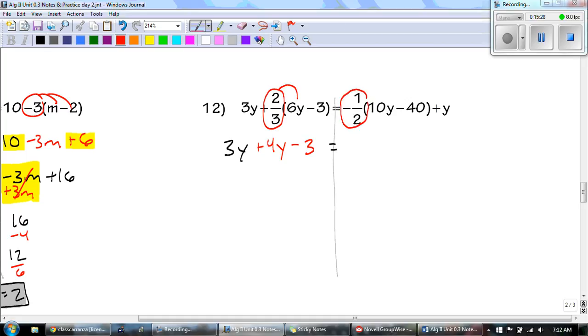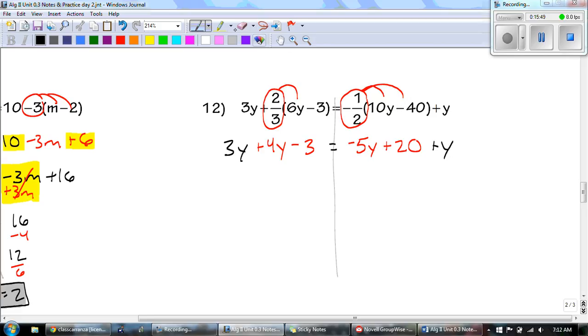Okay, back here, negative 1/2. Half of 10 is 5. It's positive, so now I'm going to make it negative because I'm doing the opposite. Negative times a negative is a positive. Half of 40, 20.